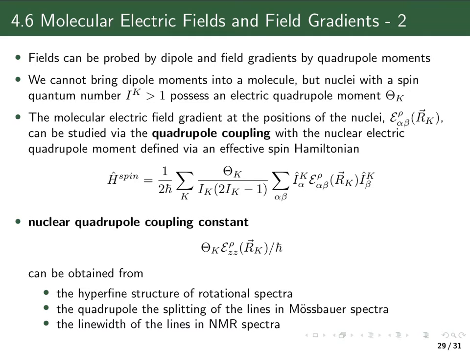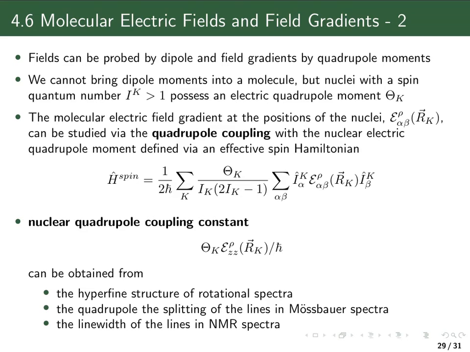So, with that electric quadrupole moment, we actually can measure then the electric field gradient at the position of that nucleus. And that is called the quadrupolar coupling, and here is the effective spin Hamiltonian describing this coupling, where here is the nuclear spin operator, and here we have the nuclear spin, and here we have the electric field gradient, and here we have the quadrupole moment of the nucleus.